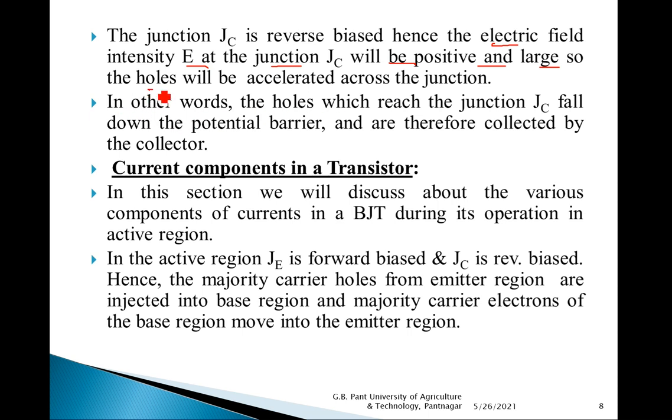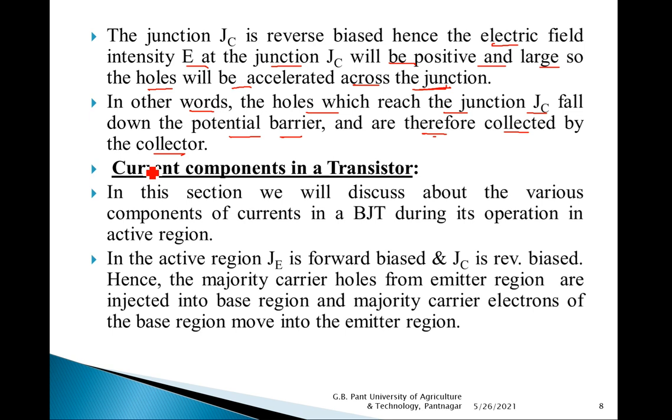So the holes which are coming from the emitter side will be accelerated across this junction JC, or in other words, the holes which reach the junction JC fall down the potential barrier and are therefore collected by the collector.